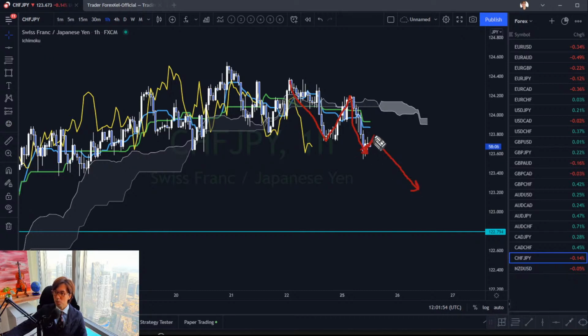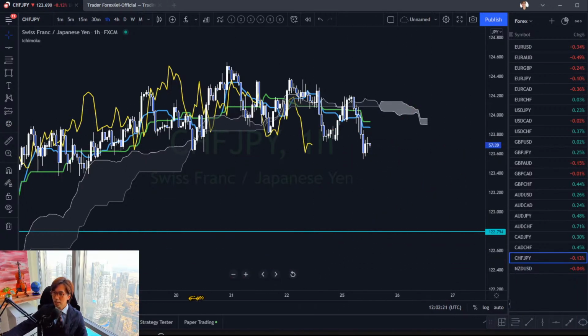It might pull back to the Tenkan-sen or Kijun-sen in the 1 hour chart, but it may be resisted and continue to go down this way, is my view. So 122.35 will be all the way down. I don't think the market will reach that level because this is still ranging.